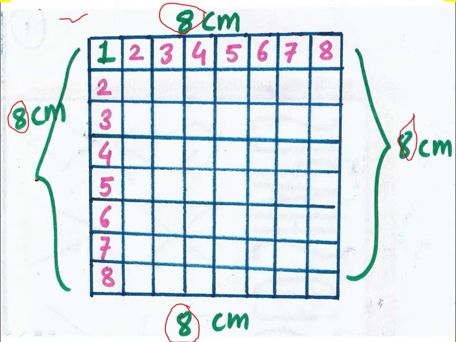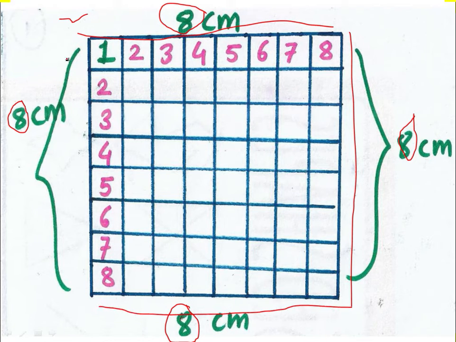Now you can see, dear students, this side is 8 centimeter, this side is also 8 centimeter, this side is also 8 centimeter, and this side is also 8 centimeter. So now what we have to do is simply count the border of this square.